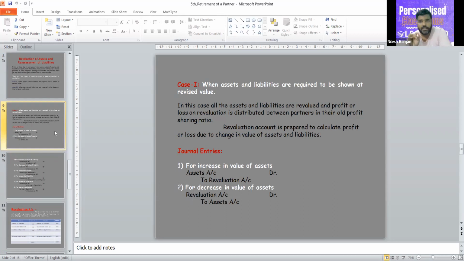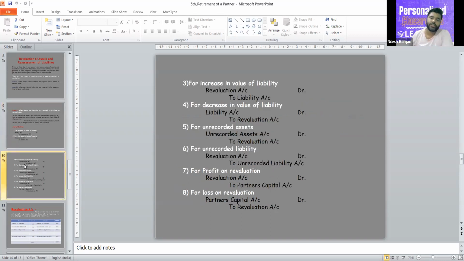And in the last, you have to calculate profit or loss, and to distribute this profit or loss, you have to pass 1 entry. So total 7 entries. You can see in number 7 or 8, there are 2 entries, for profit on revaluation and for loss on revaluation.